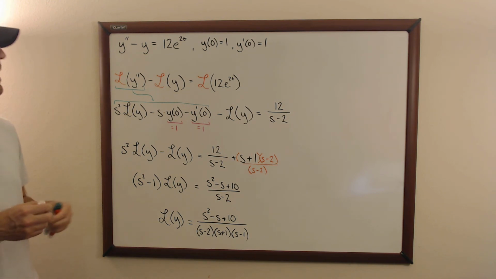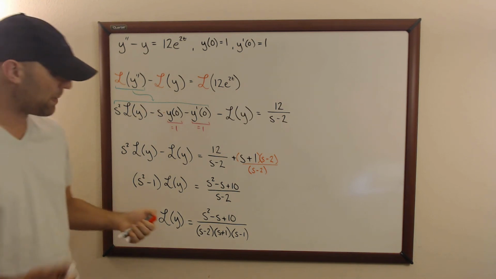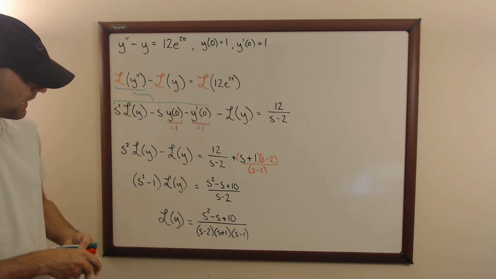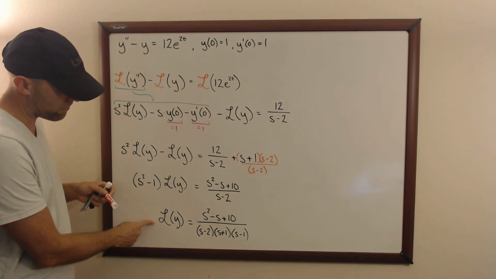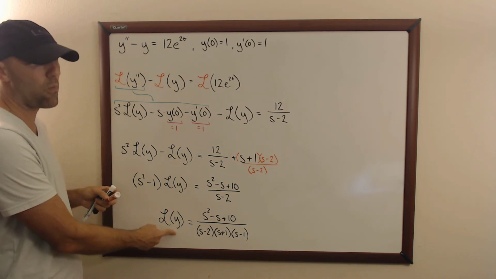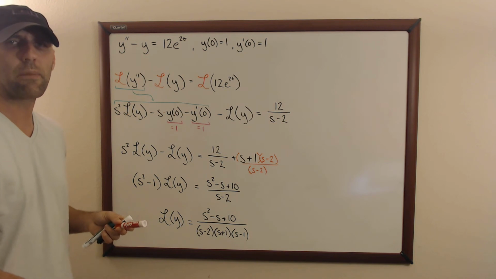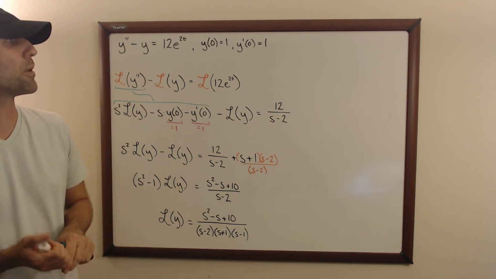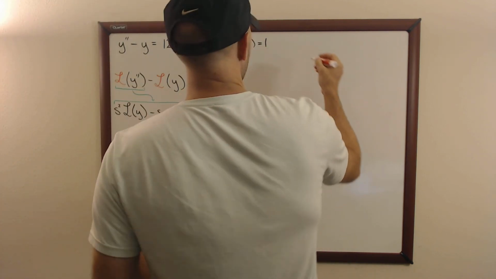Why? Well, so what do I know now? Well, I'm basically done. I know that the inverse Laplace transform of the Laplace transform of y is just y. Yeah? So I can solve for y by just taking the inverse Laplace transform of both sides. I basically have my solution, right?